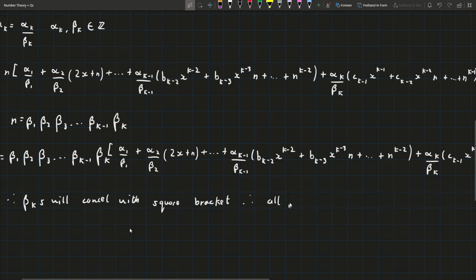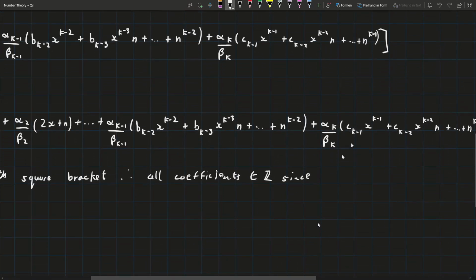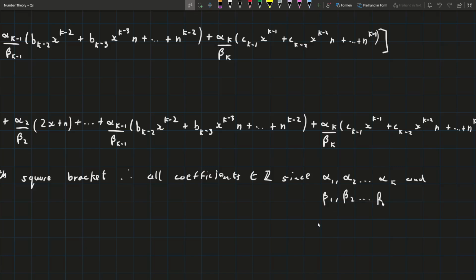Therefore, all the coefficients will be integers, since all of the alphas, alpha 1, alpha 2, up to alpha k, and beta 1, beta 2, up to beta k, are also integers, are elements of the integers.